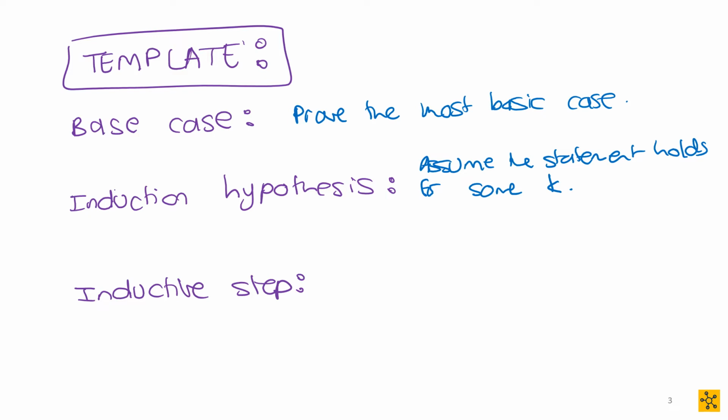Previously we spoke about it as r, so that you didn't get too confused between the two of them. So for all numbers less than or equal to k, assume the statement is true for all numbers less than k.